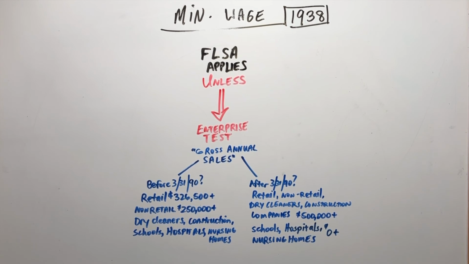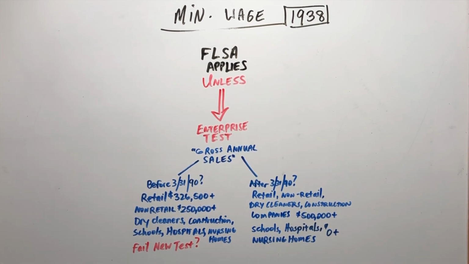So, a couple different things here that we need to talk about, or at least one thing. What if you started before 1990, but under these new rules, you don't meet the $500,000 requirement? So, if you fail the new test, what do you do?